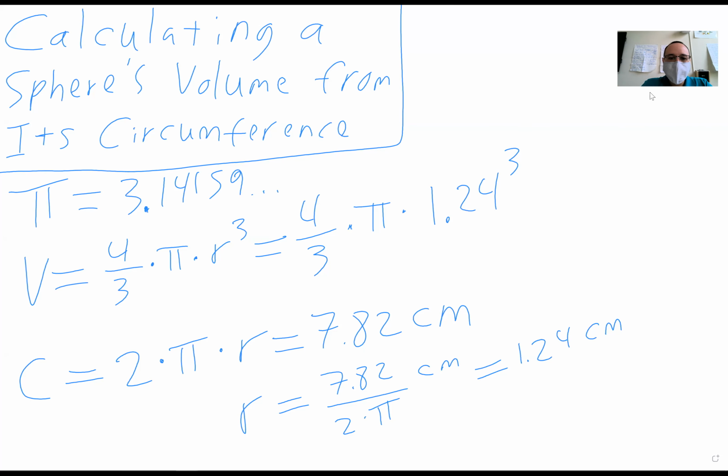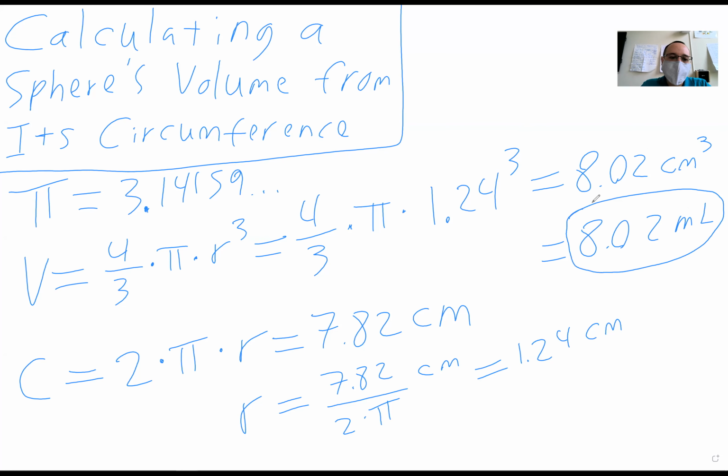If we go all the way through with this calculation and plug this into our calculator, we get 8.02 centimeters cubed for our volume, which is equal to 8.02 milliliters. That's the volume of our sphere. A milliliter and a centimeter cubed are the same thing. Now we're going to put this information into our data table.